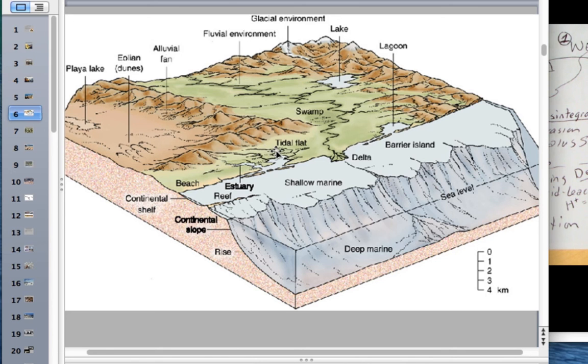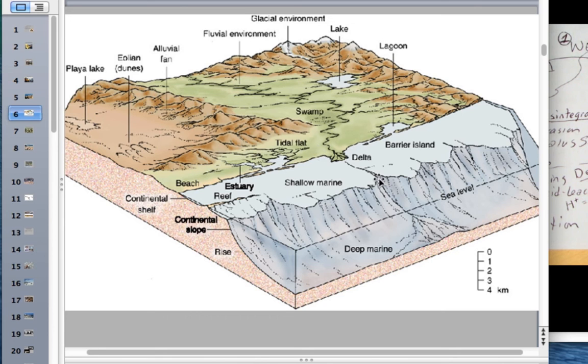So where is the sediment going to come to rest? Is it going to be like the talus slope up here on the mountainside? Is it going to be in a floodplain in the river or the swamp over here? Will it be in an arid, dry climate like sand dunes or a dry lake bed? Here, Playa Lake is a dry lake bed. Or will it be in tidal flats and marshes? Or it could be in a totally different environment in the marine.